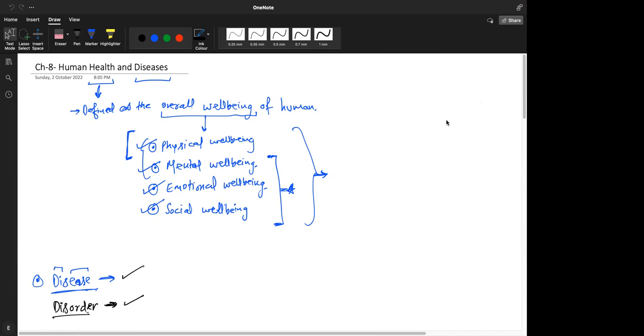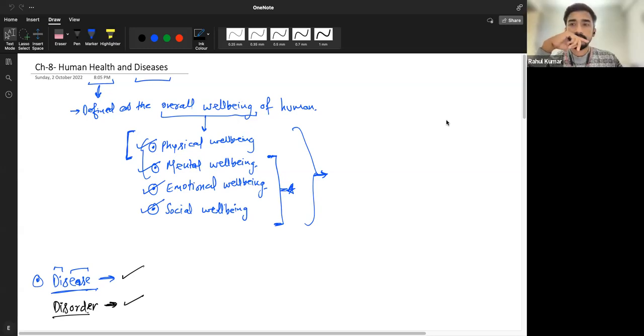So we started with the new chapter, Human Health and Diseases. Firstly, we defined health. Health is the overall well-being of a human that includes physical well-being, mental well-being, emotional well-being, and social well-being. Physical well-being is the physiology of the person. And then we discussed the factors which affect health.